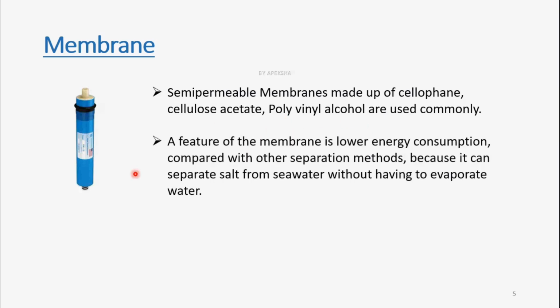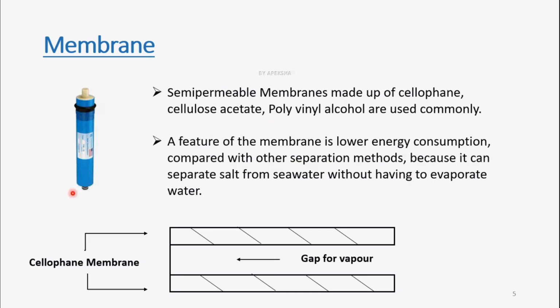मार्केट में नई भी available हुई है अभी, so membrane में lower energy consumption रहता है और separation method के लिए यहाँ पर easily use हो जाता है। और यहाँ पर बीच में जो आप देख सकते हो gap of vapor। So vapor means like there is a pressure. Okay, pressure क्या होगा, जो saline water से molecules move करते हैं pure water की तरफ। So हमें drinkable water वहां पर मिलता है.